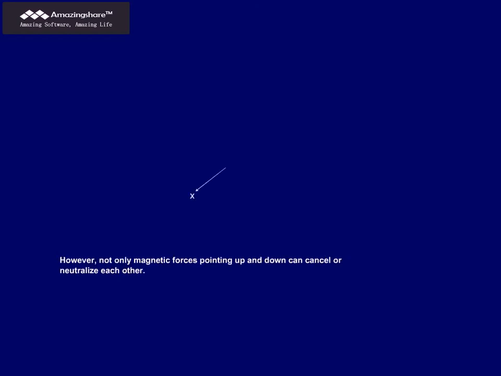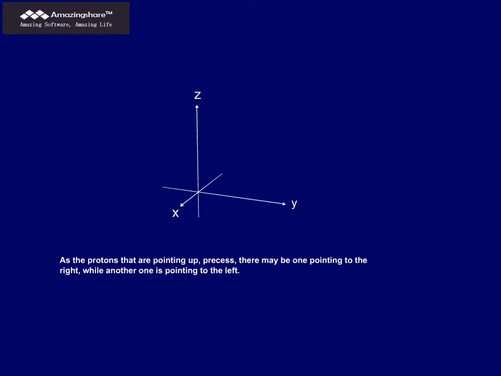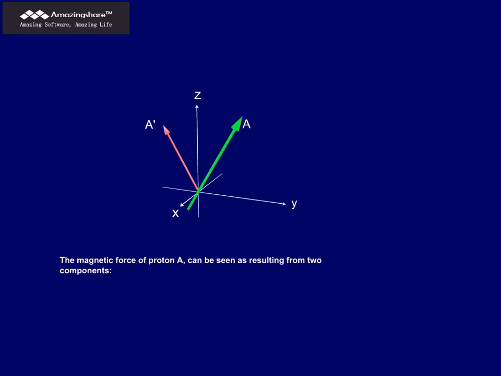However, not only magnetic forces pointing up and down can cancel or neutralize each other. As the protons that are pointing up precess, there may be one pointing to the right, while another one is pointing to the left. The magnetic force of proton A can be seen as resulting from 2 components.